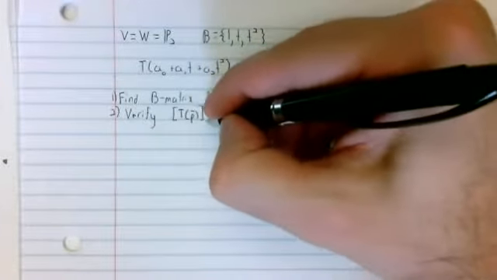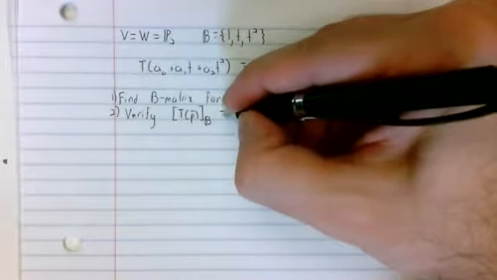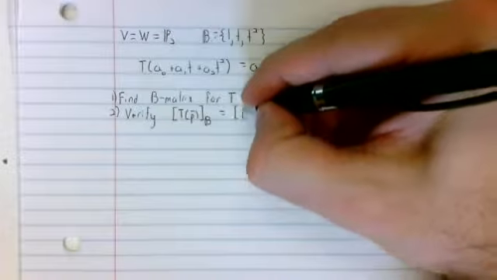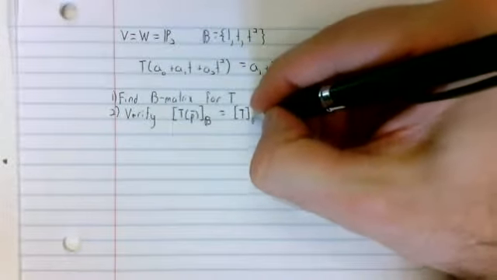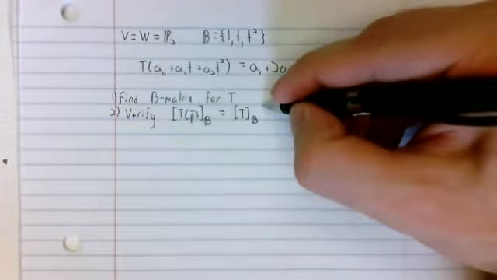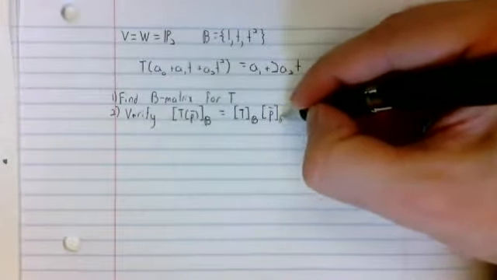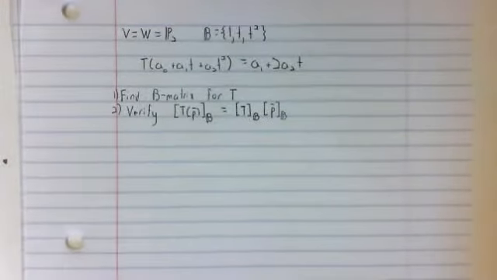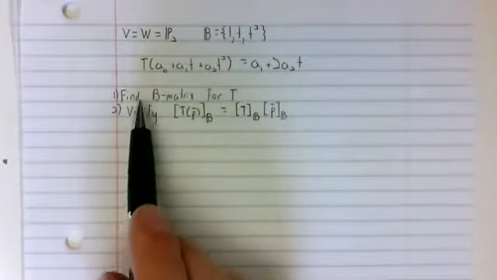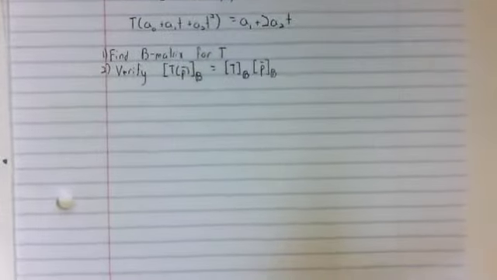that the coordinate vector of T of p equals this B matrix times the coordinate vector of p. So, first part, this is pretty plug and play.